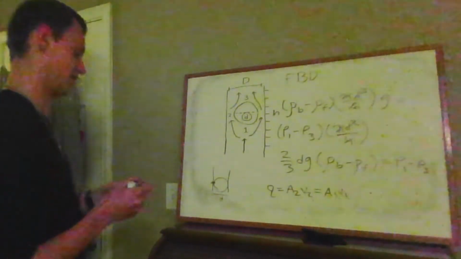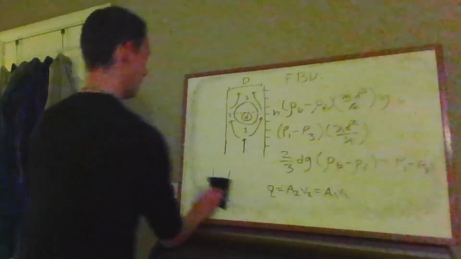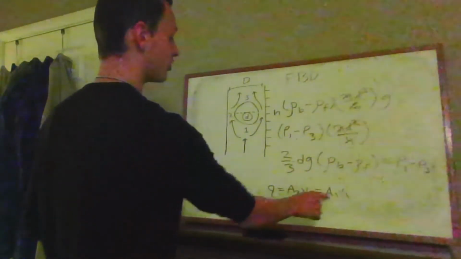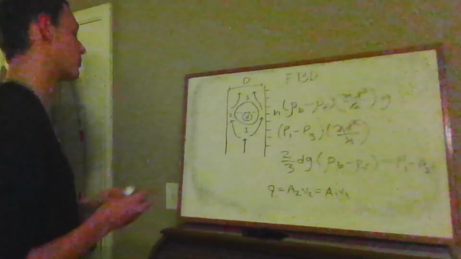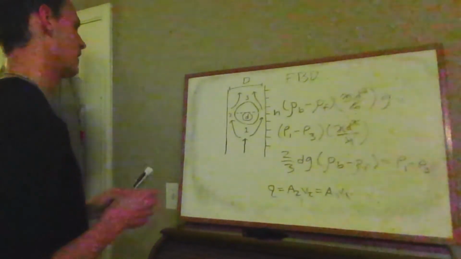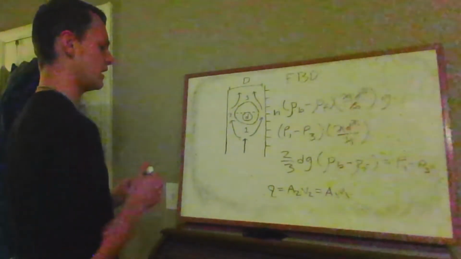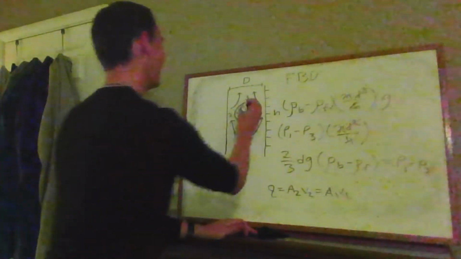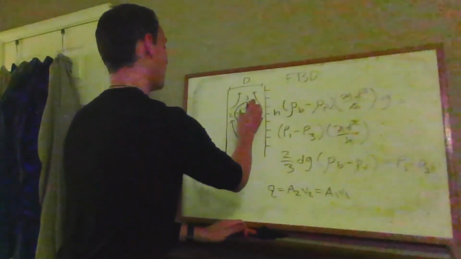Basically, what I'm trying to tell you is that A sub 2 is much, much, much smaller than A sub 1. That'll be important later as well. We also need to realize that the ball is extremely small, with a very, very small radius.